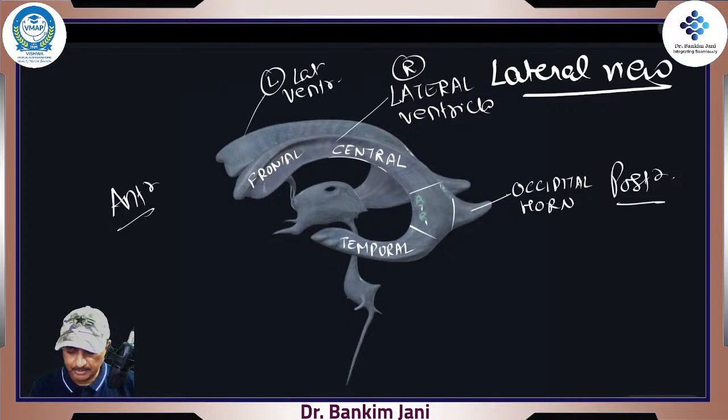Let me write it like this: atrium of lateral ventricle. That's it. So this is frontal, central, atrium, temporal, and occipital. These are the parts of the lateral ventricle.